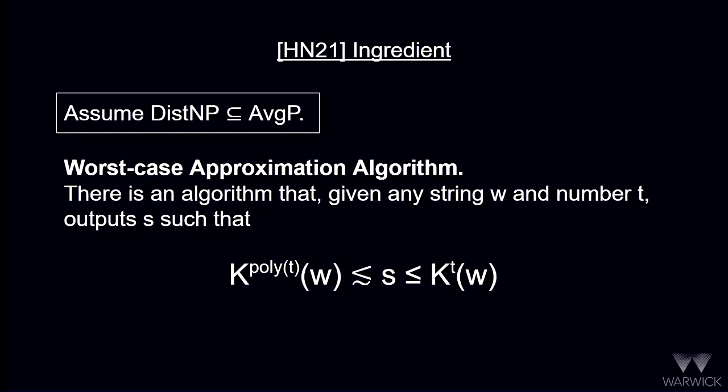Now, if we had an algorithm like this, it would get us around the issue I just mentioned of our heuristic only working over the uniform distribution. So this is a worst-case algorithm, and it would work on any samples we get.